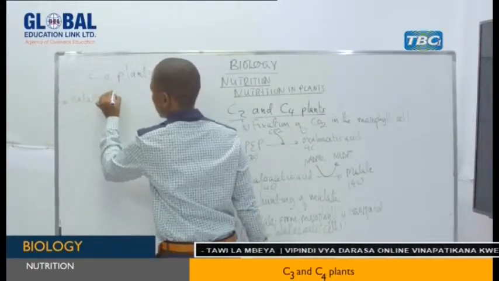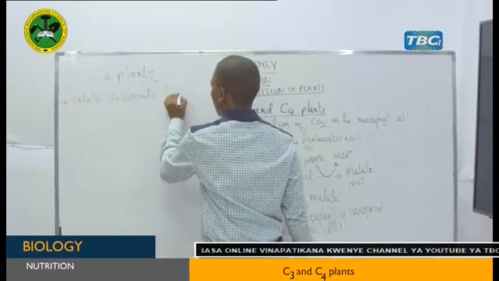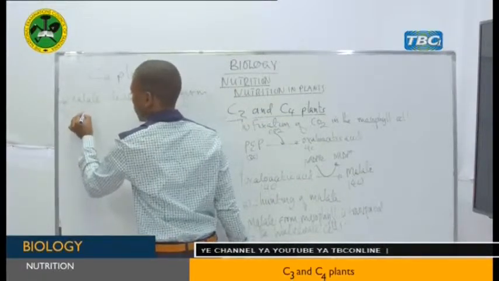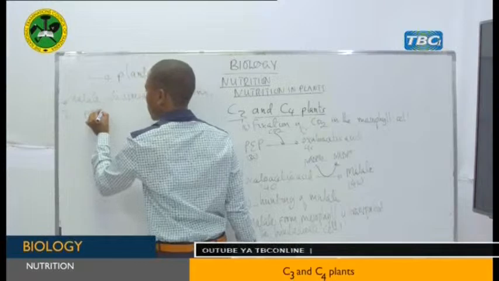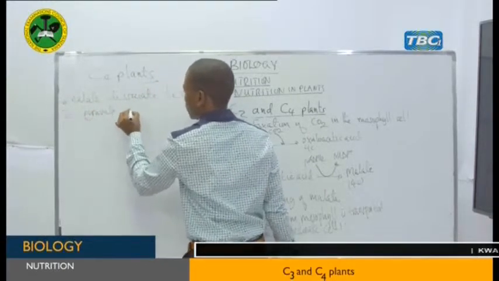Malate dissociates to form a 3-carbon compound known as pyruvate and carbon dioxide.